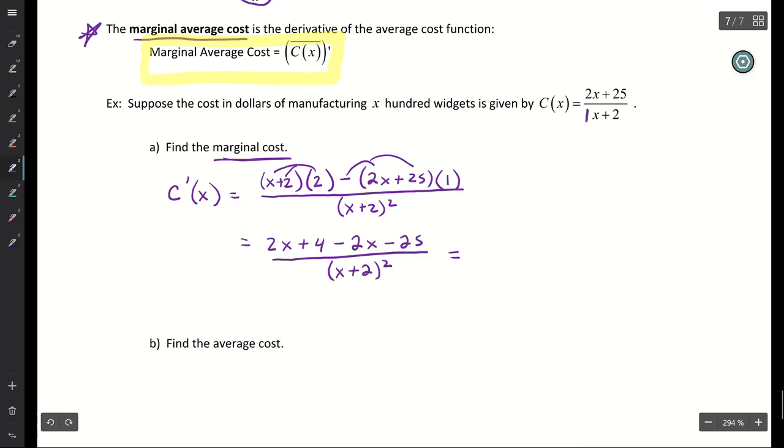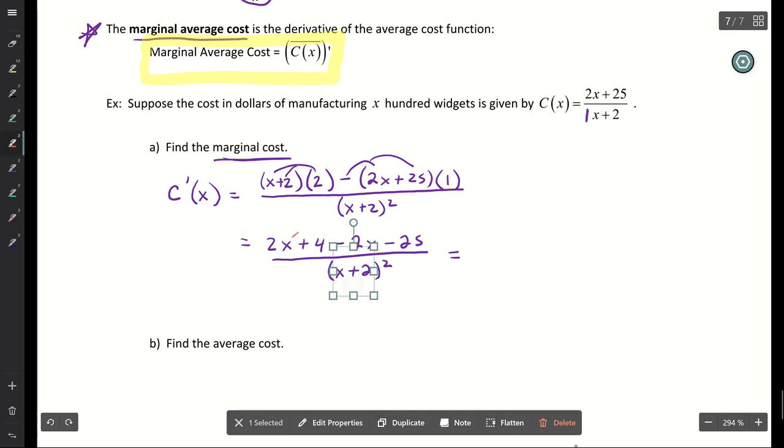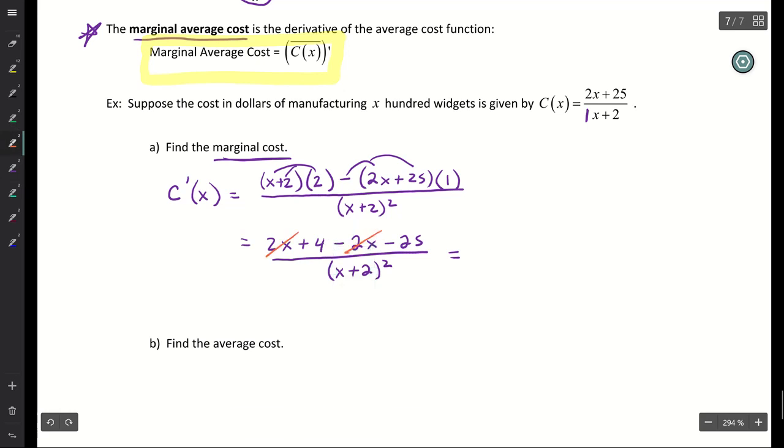All right, let's simplify that down as much as we can. We notice there's a 2x and a negative 2x that would cancel. We have a 4 and a negative 25, so that'll give us negative 21, and then all over x plus 2 all squared. Okay, so if they ask you to find the marginal cost, then that means you take the derivative of just the cost function itself.